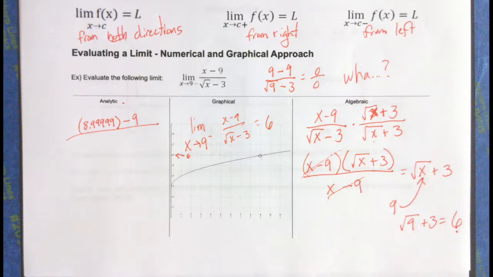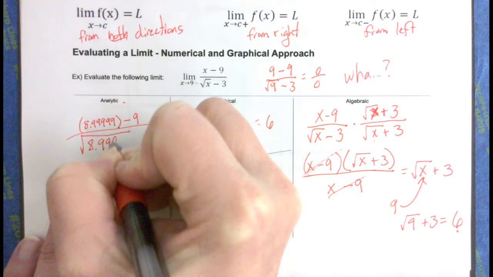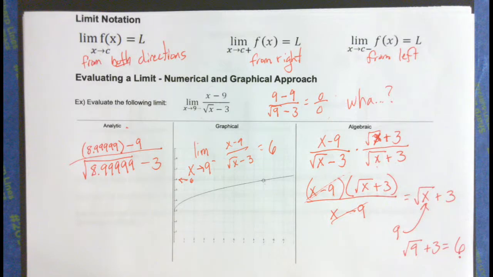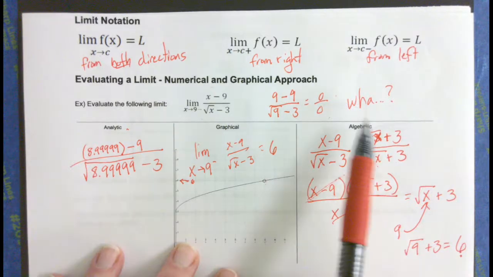So there are 3 different ways you can find the value of a limit. When I did this, it was very analytic. Start with just plugging in the number and see what happens. Because if you get 7, then your limit is equal to 7. If you get an indeterminate form, then analytically, like we talked about before, you could look at a table or plug in the value of something just to the left of 9, which is 8.9999999.